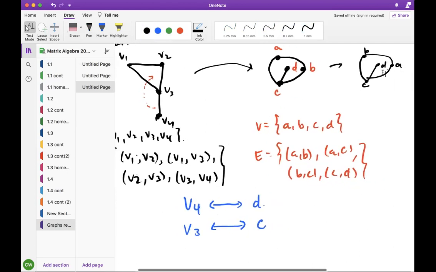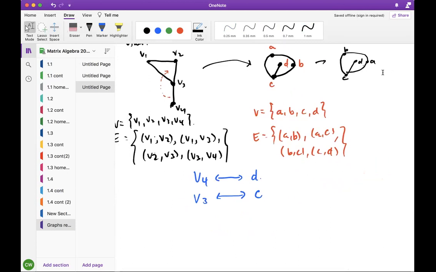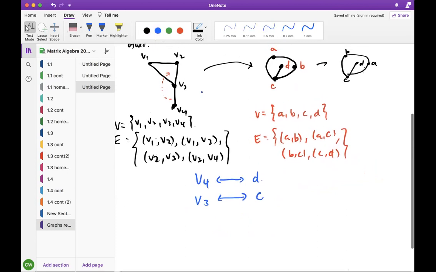So there's more than one choice to make, but the fact that you can make a choice implies it's isomorphic.